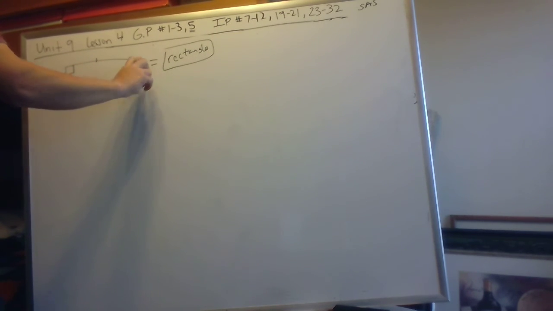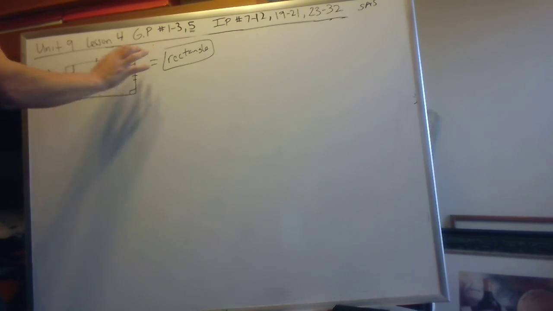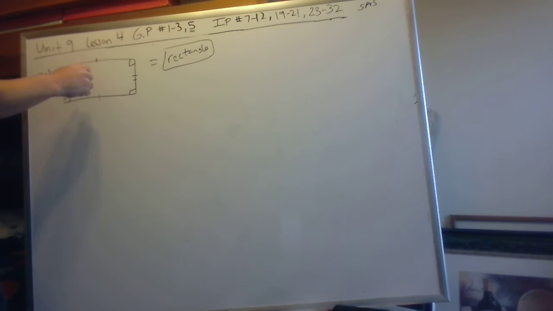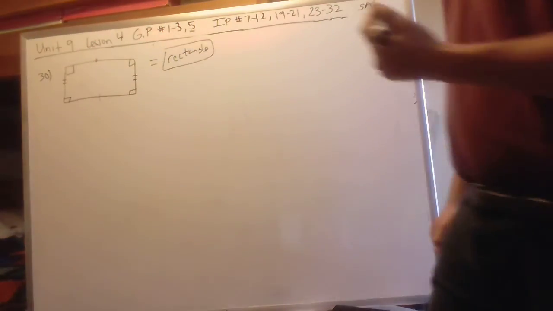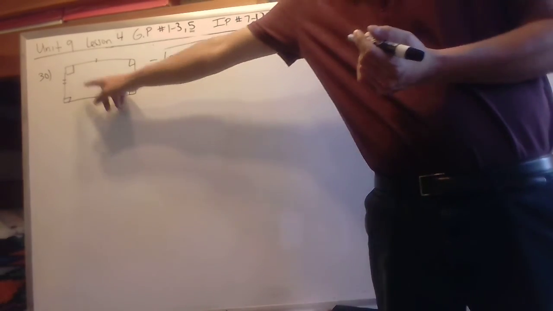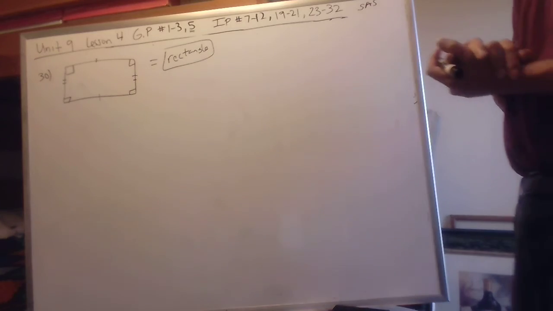And I know the length basically demonstrates that, but if for some reason the book wanted to draw it to where one side length looked shorter than the other, they could also have one slash and it would actually be a square. But in this case, they drew two slashes and one, so that means that these two lengths are not the same, and therefore it would be classified as a rectangle. If it was one slash and every side length was the same and it formed a 90-degree angle, then we know it would have been classified as a square.